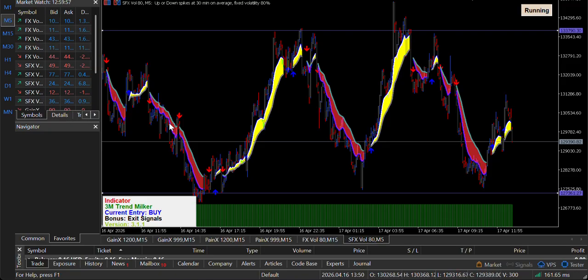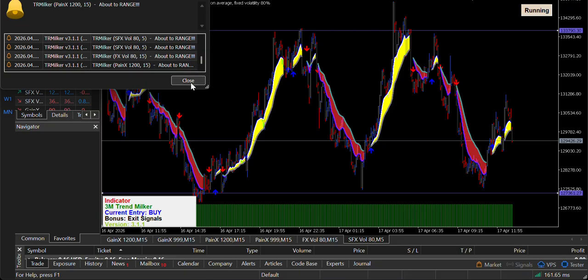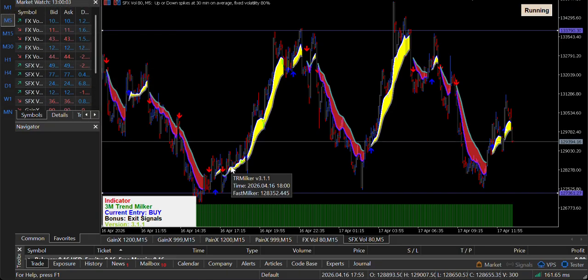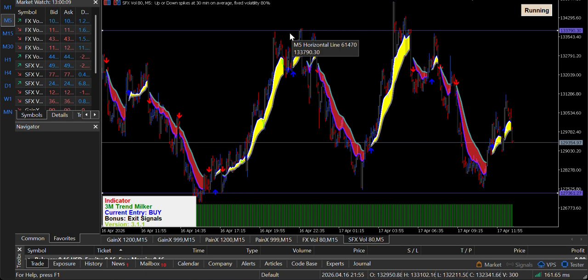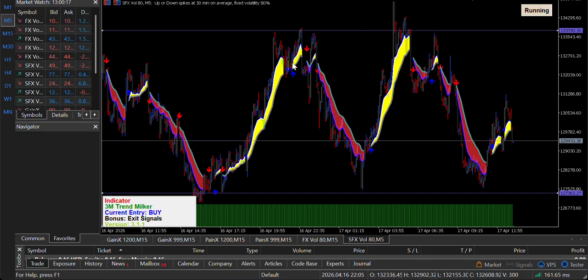For instance, when it got to this support zone, that is the lower channel. Okay, it switched into an uptrend and we got a buy signal. So you plug in your trade and set your stop loss, and you keep on buying till it gets to the upper part. Okay, as it is getting to the upper part of the channel, once you see it switching into a downtrend, you can close that buy trade.